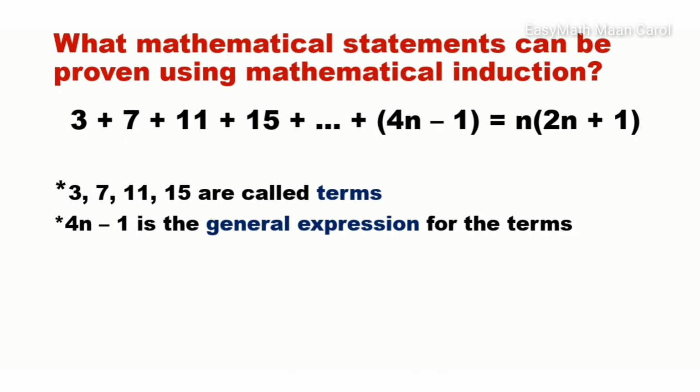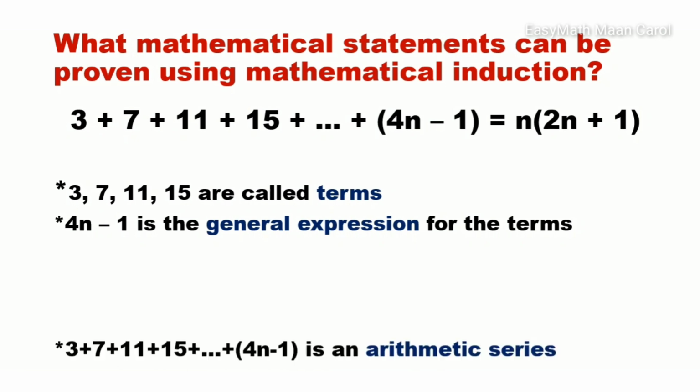So, 4 times 10 is 40 minus 1 equals 39. Dito sa arithmetic sequence na 3, 7, 11, 15, yung ika-10 niya ay 39. So, gagamitin natin yung pinaka-formula or expression na 4n minus 1. Palitan lang natin yung value ng n.